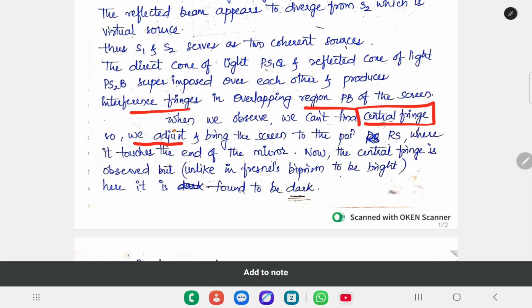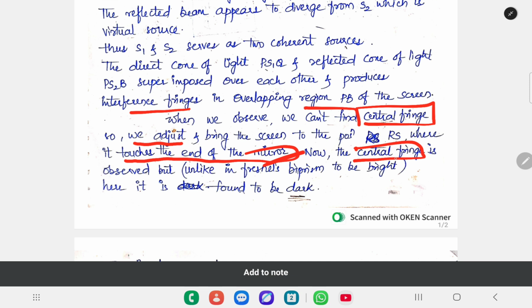We bring the screen forward till it touches the end of the mirror. Now when the screen touches the mirror, at that time we can see the central fringe.